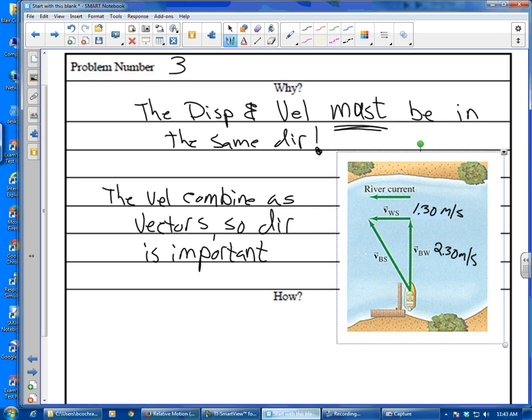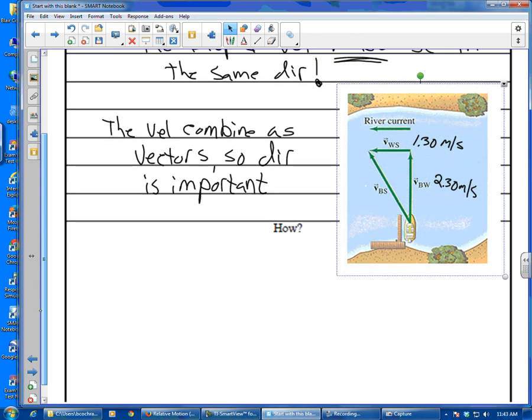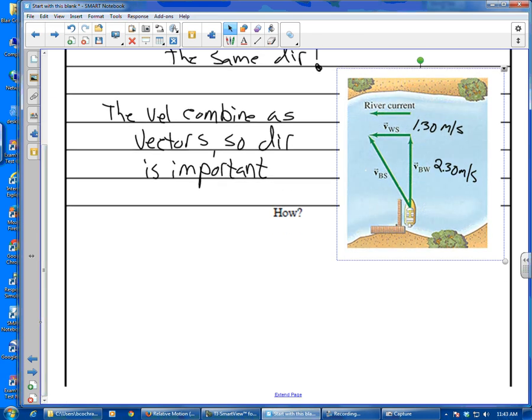You think back to that packet we were doing the other day, where they had all the different ways of saying how those related to each other. So, a multitude of ways of saying those. And now they want to know what the velocity of the boat is relative to the shore.